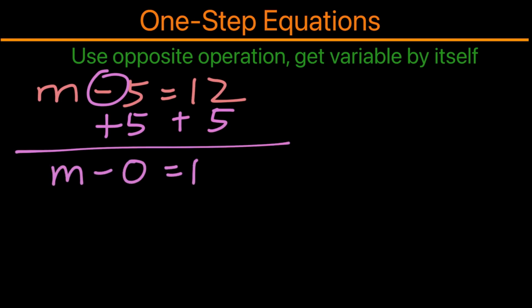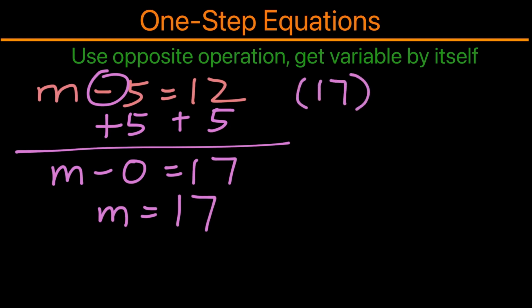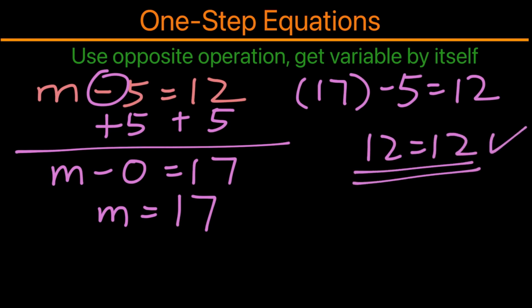This will become 17, 12 plus 5. And then we got the variable by itself. So m equals 17. By plugging it back in to the original equation, 17 minus 5 is 12. Checks out. m is 17.